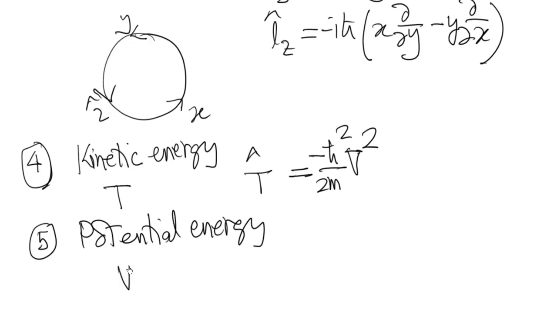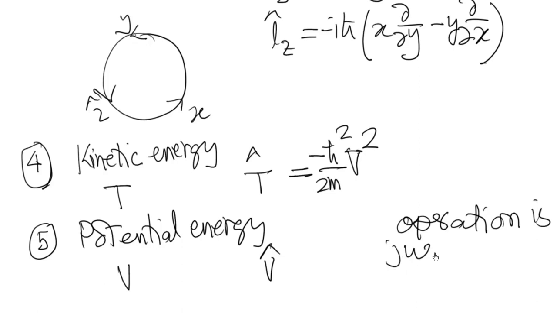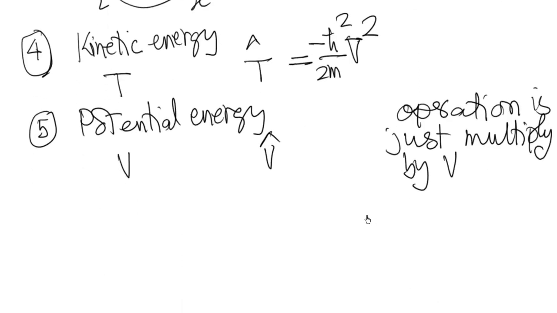Potential energy is denoted by V, and the operator symbol is V hat, and the operation is just multiply by V. That means if this operator acts on a state function, the state function will be multiplied by the potential energy.